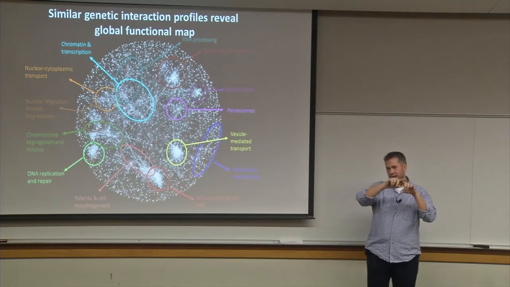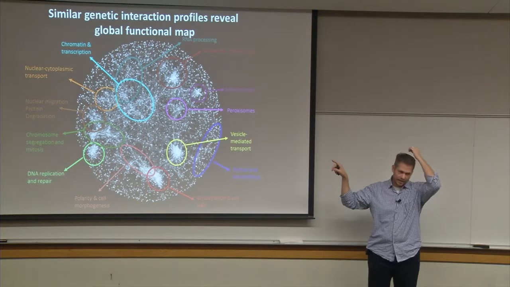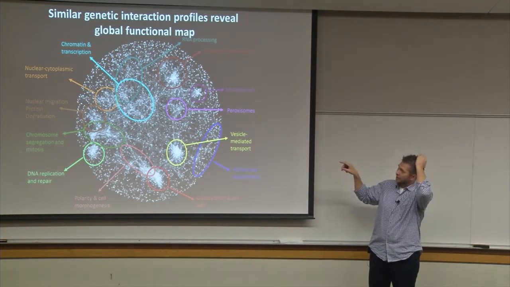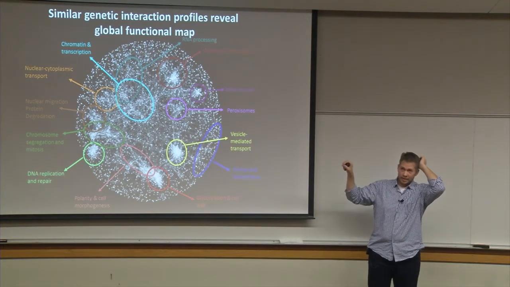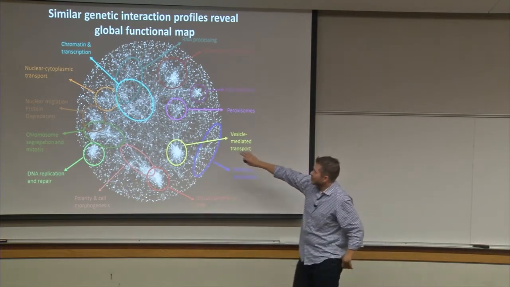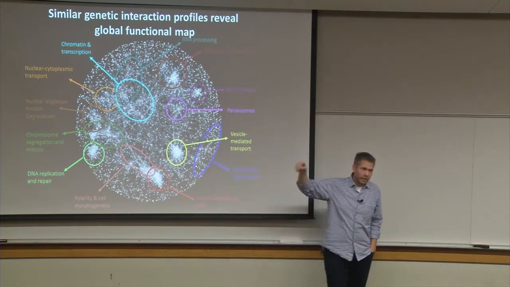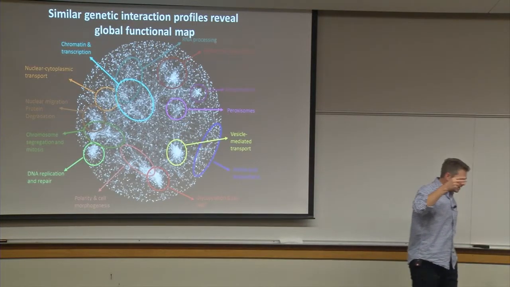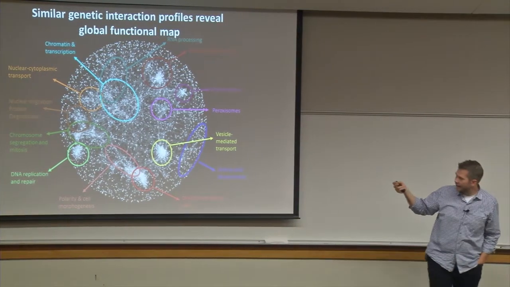Which genes have the same patterns of interactions with other genes? Generally those are related to the same process or involved in a very similar process. So think of this as a social network of the yeast genome, showing which genes tend to be closely related to each other.